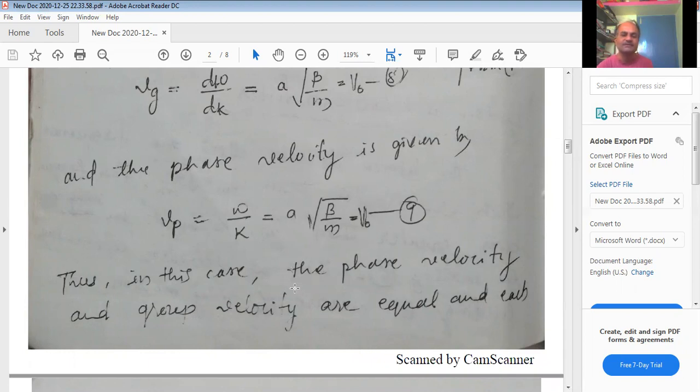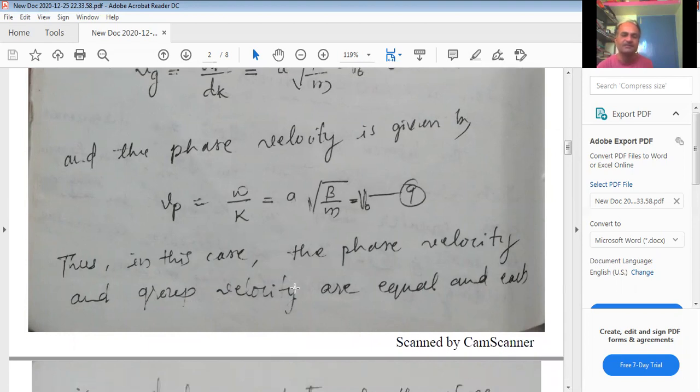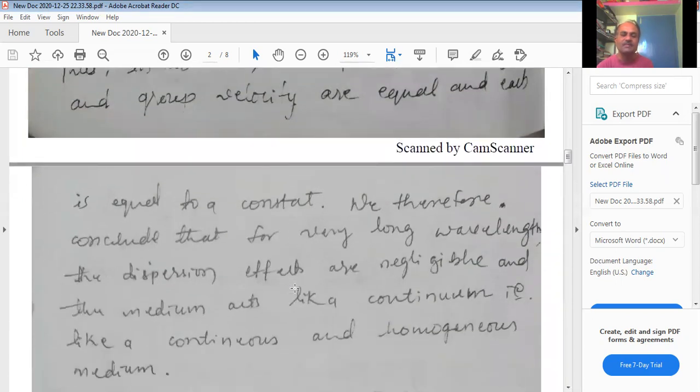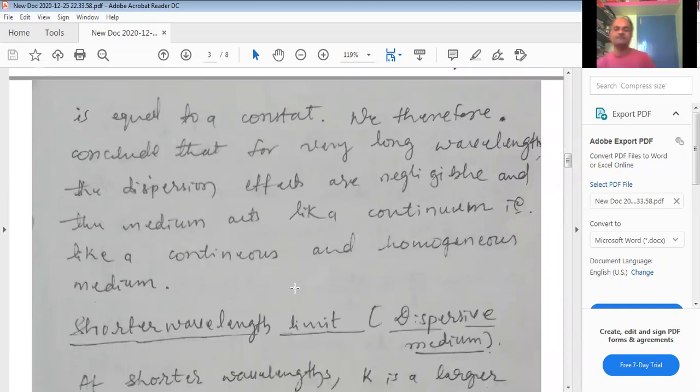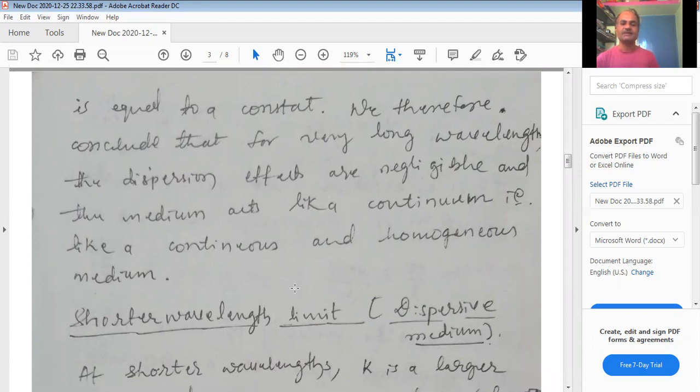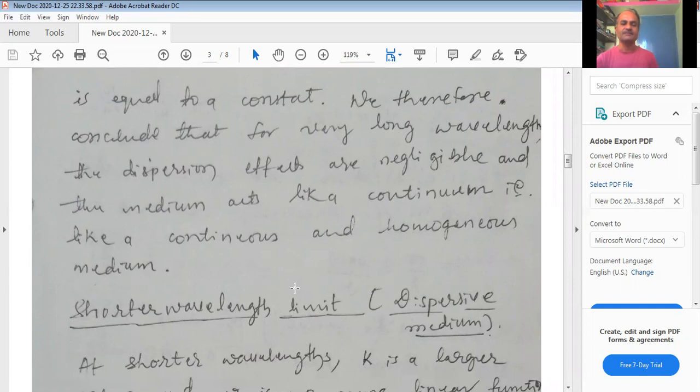So thus in this case the phase velocity and group velocity are equal, and each is equal to a constant, that is v naught. We therefore conclude that for very long wavelengths, the dispersion effects are negligible, and the medium acts like a continuum and homogeneous medium.